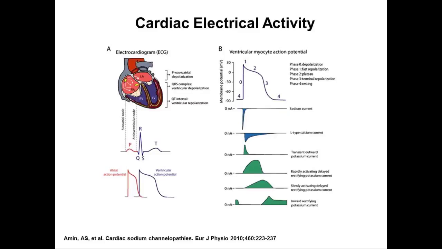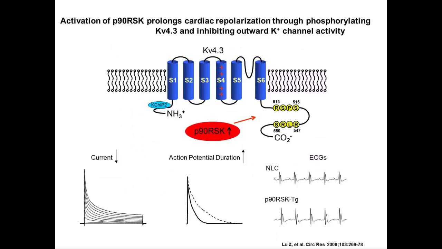Actually, during my K08 training, I was doing lots of research on the transient outward potassium current, which is called Ito. After my K08 training, I moved on to the sodium channel regulation.